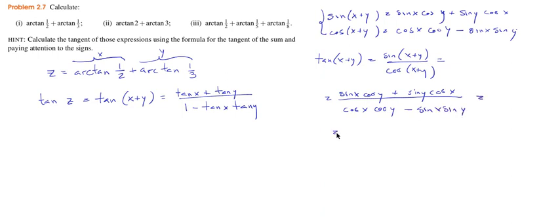Okay, and then if you divide both the numerator and the denominator by cosine of x and cosine of y, then dividing this term by cosine of y gives you tangent of x, and dividing it by cosine of x gives you tangent of y. The cosine of x cosine of y divided by itself is 1, and then minus tangent of x tangent of y. Okay, so this is the same expression.